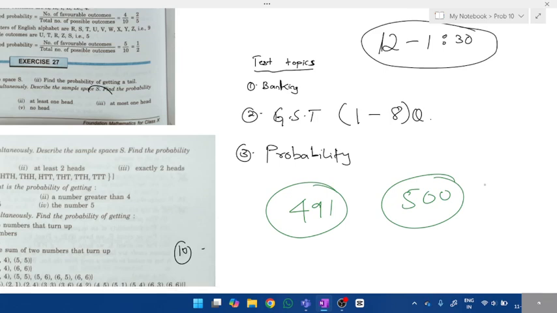All these are some advanced questions. They've given very tough questions. Fine. Entire probability we have solved. Look at page number 527. Open page 527.